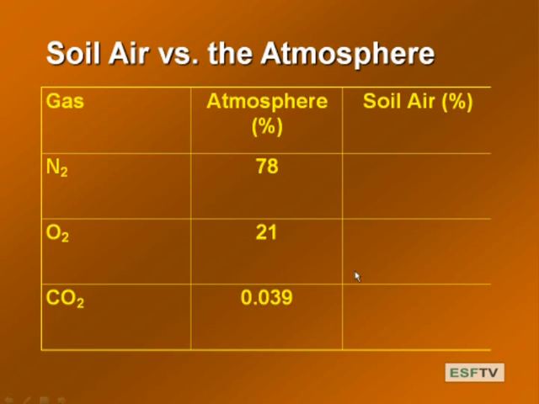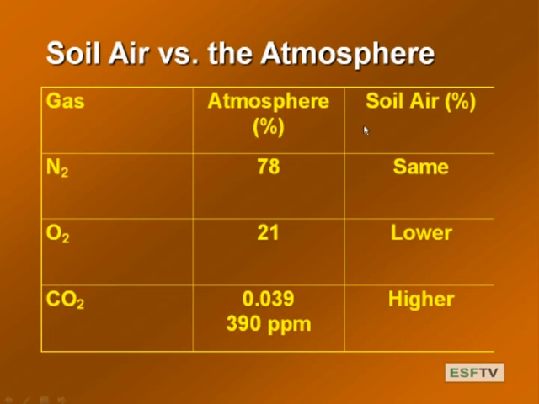Let's contrast that to the soil air. And again, these numbers are in percent. So roughly, nitrogen in the soil atmosphere is about the same. It's a relatively inert gas, and not much is changing. In general, in the soil, the concentration of O2 is lower. How much lower we'll discuss as we go on, but definitely lower than the atmosphere. And then the carbon dioxide concentration in the soil tends to be higher than the atmosphere.